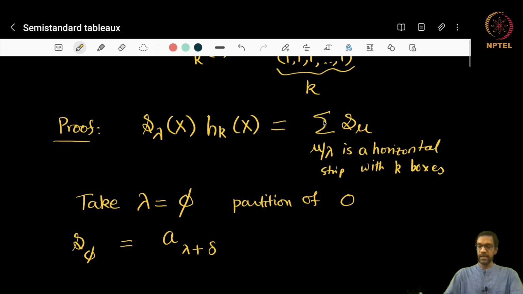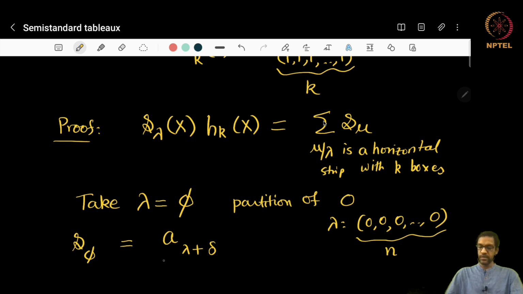So when we have n variables in the picture here and lambda is empty, there are no non-zero parts, you think of lambda as the n-tuple where I just pad as many zeros. So I think of it as this n-tuple comprising zeros.